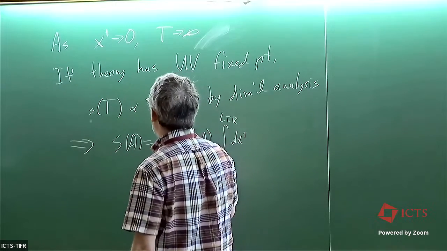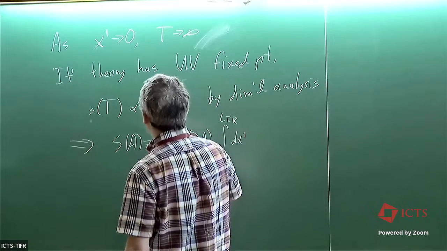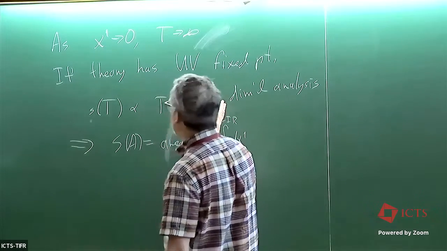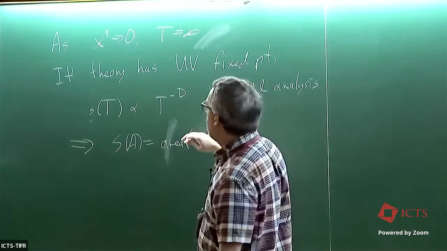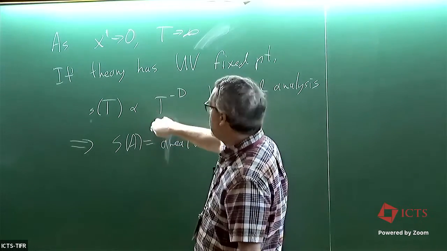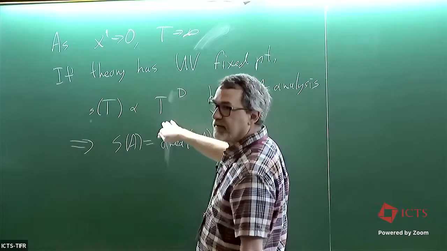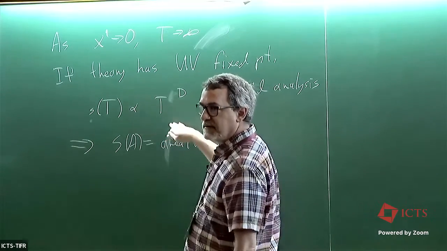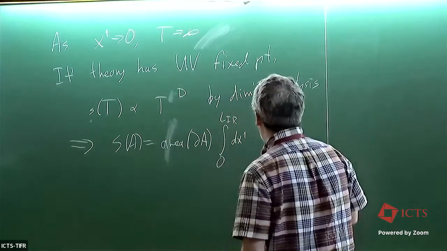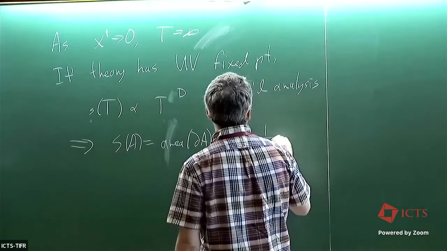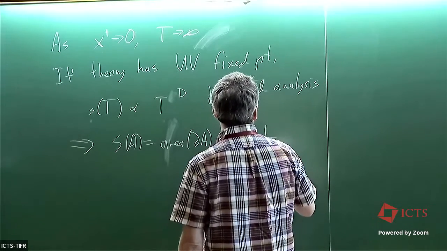Meanwhile, oh, I'm sorry, you allowed me to, there's a mistake on the board. This thing has units of 1 over length, and obviously, at high temperature, the entropy density should increase, so it's a positive power. So I get 1 over x1 to the d.